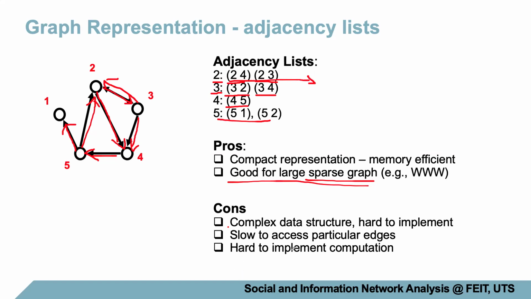And also it is hard to implement computation, like if you want to insert an edge or delete an edge. It is a bit hard because you need to maintain the list and also go through it, find it, insert it, or delete it.